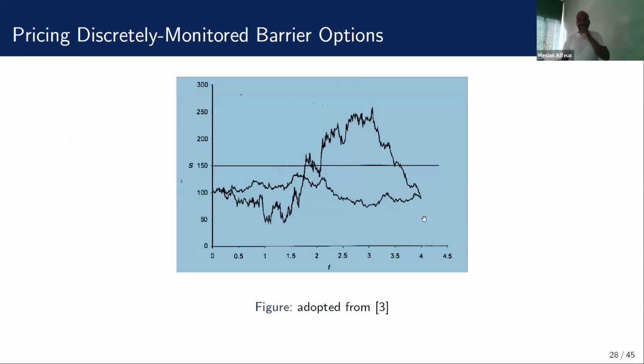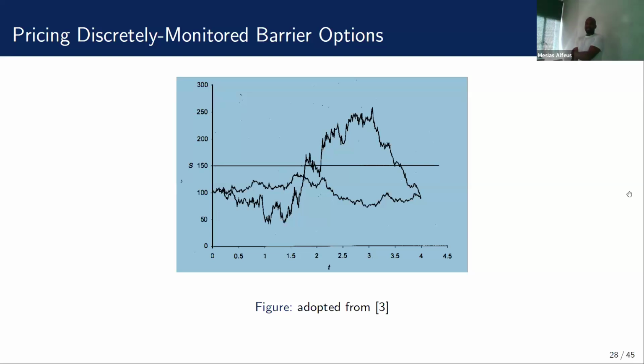Which I've shown here. You can see that S on the vertical axis, S equal to 100, is the starting point for those two paths. So that's the evolution of the asset price. But we have a barrier at S equal to 150.